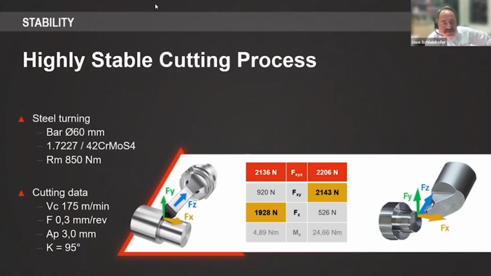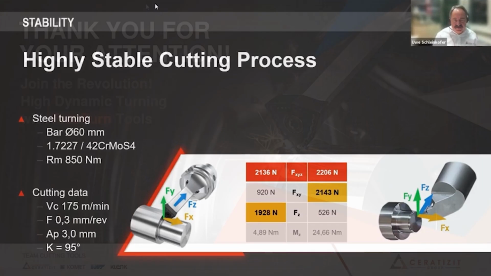The torque you need to hold a FreeTurn tool in position is crazy low. So here, for example, for the FreeTurn application, it's just 5 Newton meters. It's basically nothing. Even when you have conventional tools, it's much more, in that case 25 Newton meters to hold the turning tool in position. So you have a lot of advantages with regard to the cutting forces here.